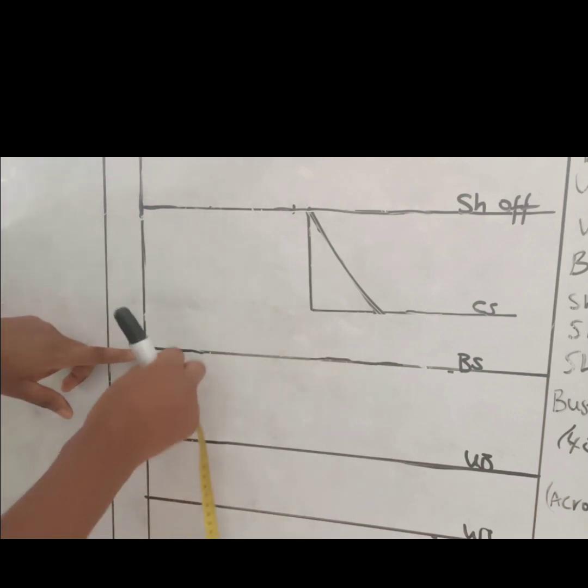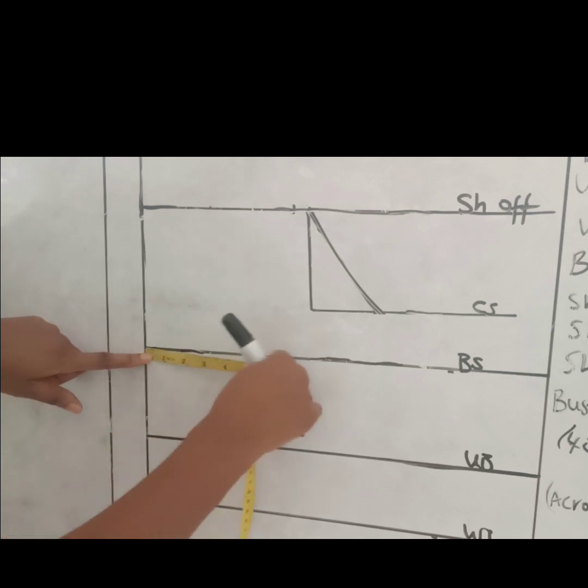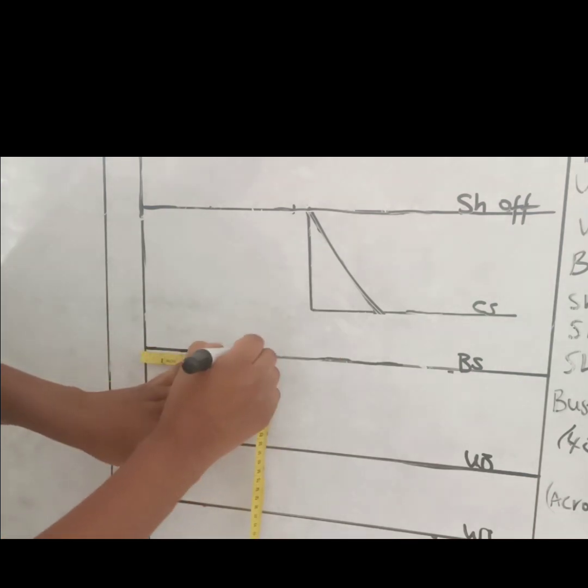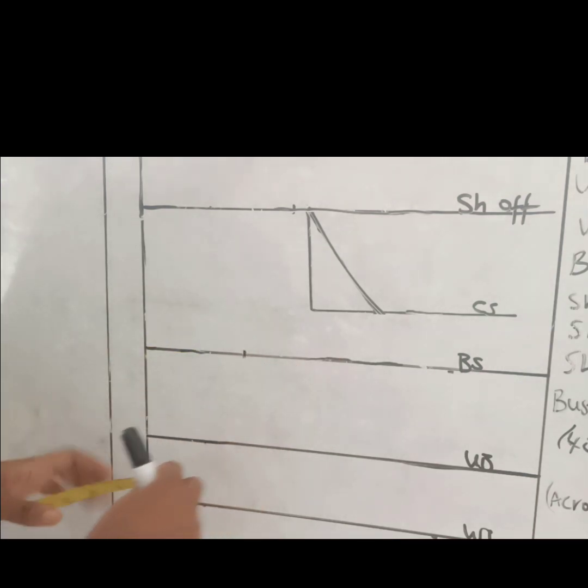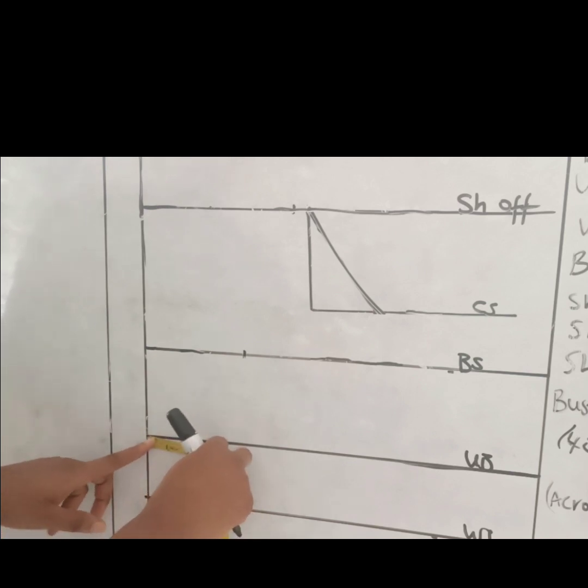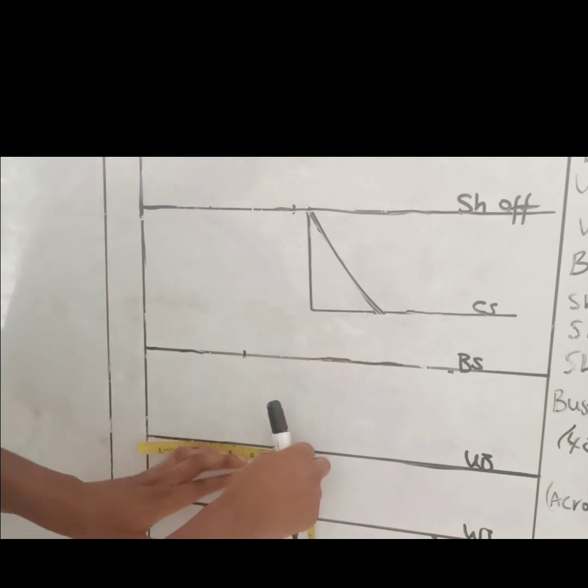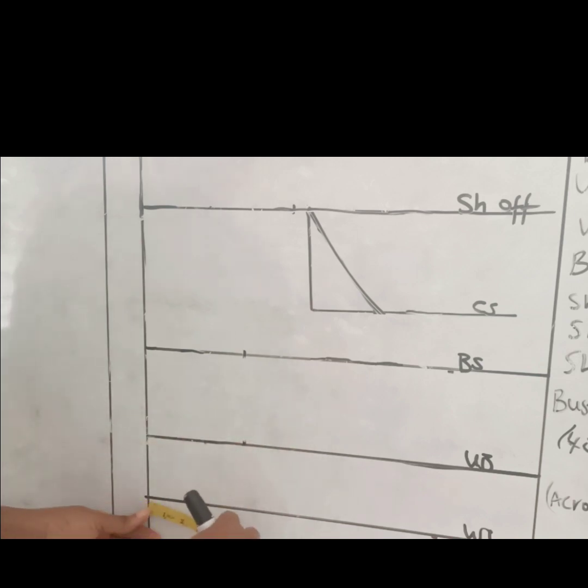So from here on the bust line, I'll mark 4.5. On the underbust, I'll also mark 4.5. I'll just mark it across. I'll mark it on the waist.